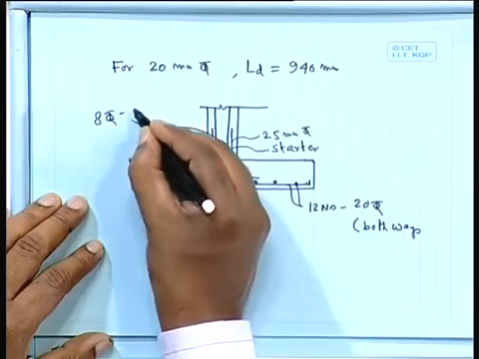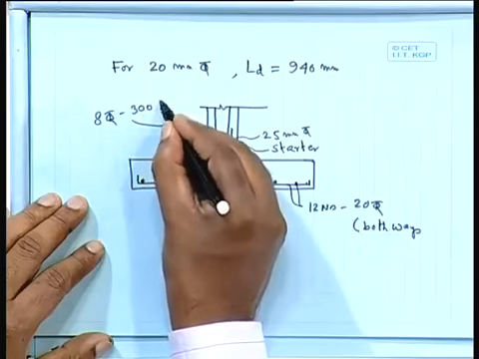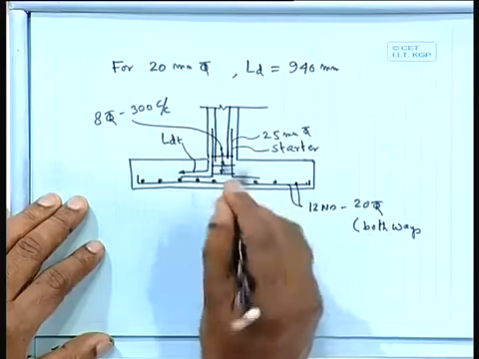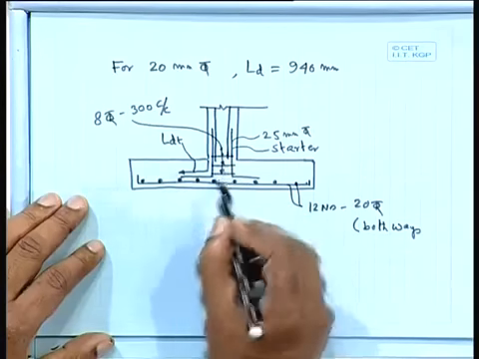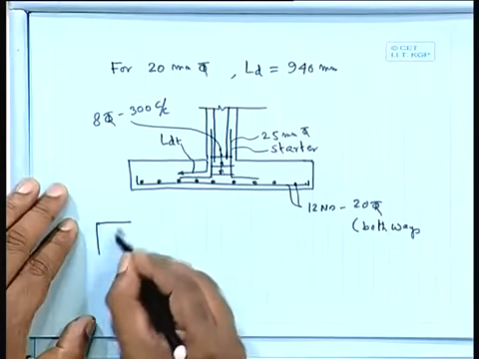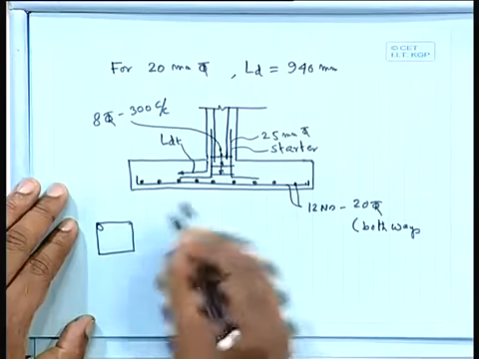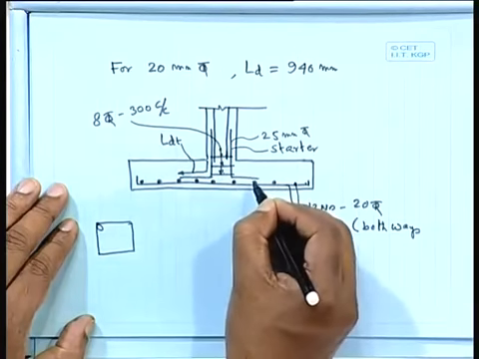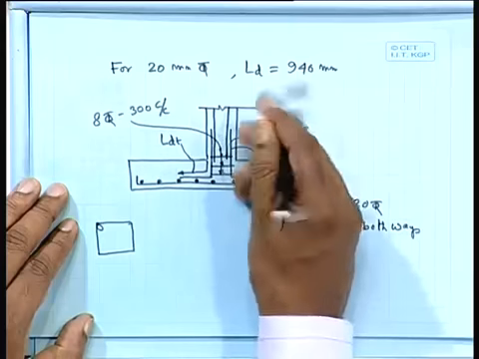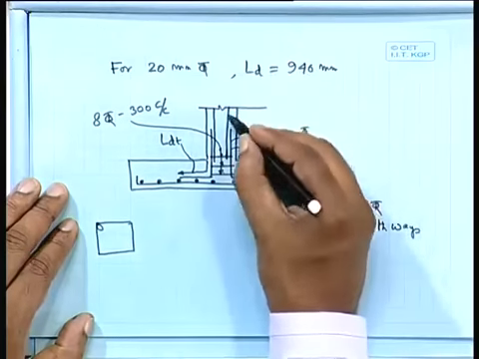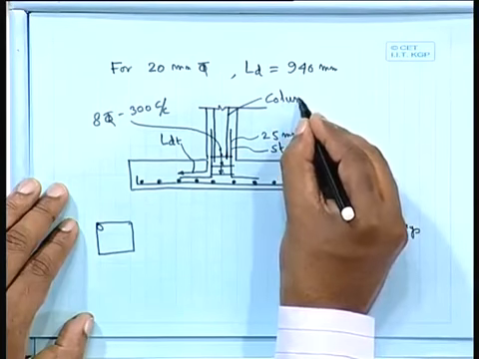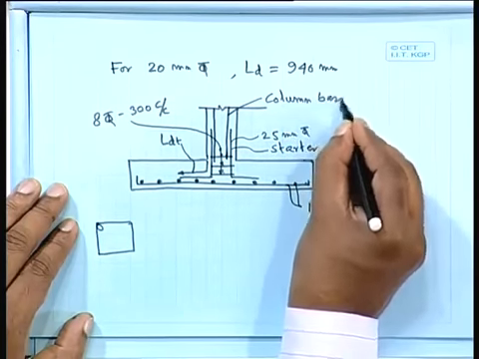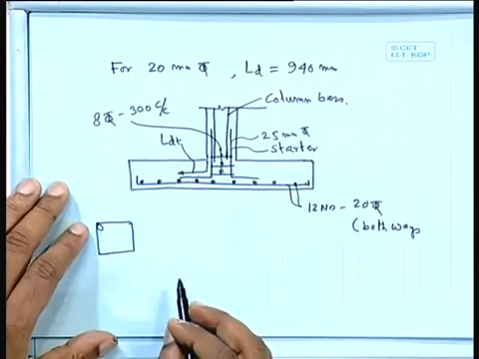If it is not specified, at least 300 millimeter center to center, at least 3 ties, we call them ties here. The ring type comes like this, to hold these starter bars, and later the column bars will start. This is your column bars. So this reinforcement you have to provide.